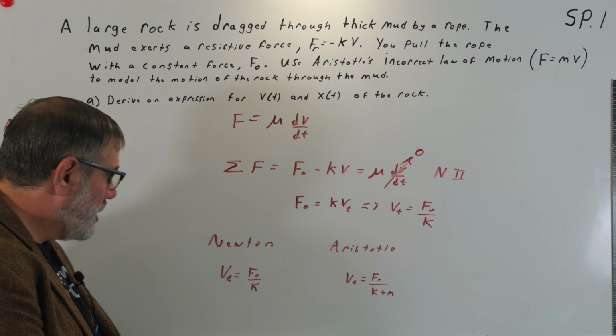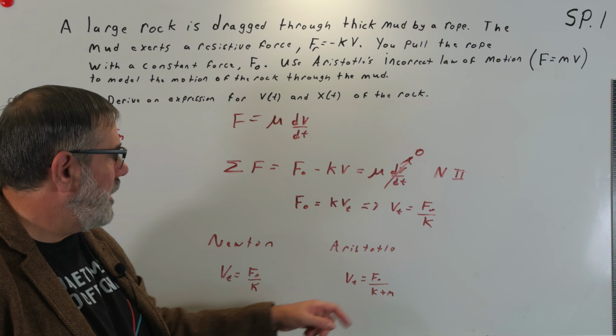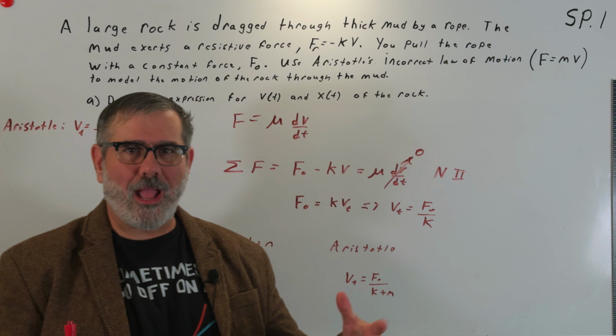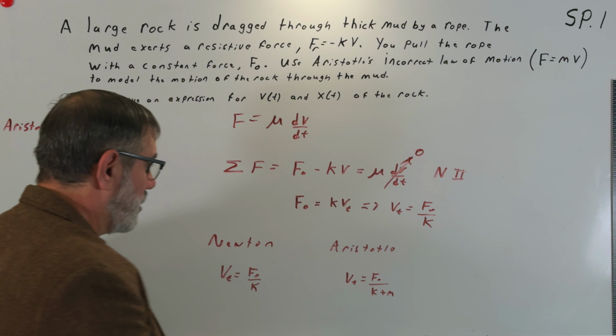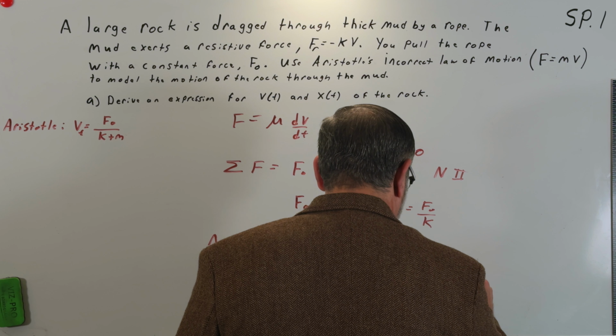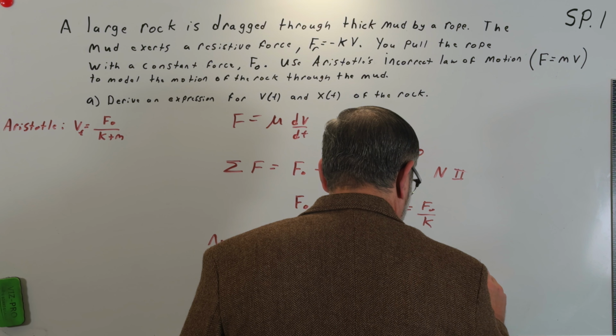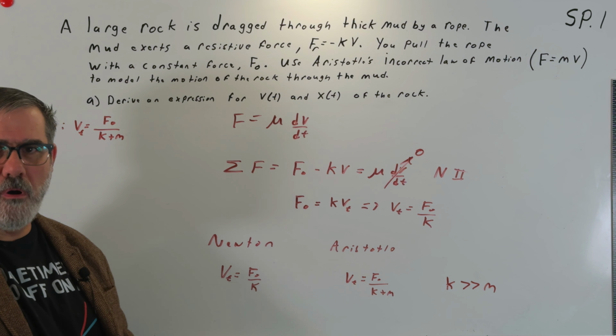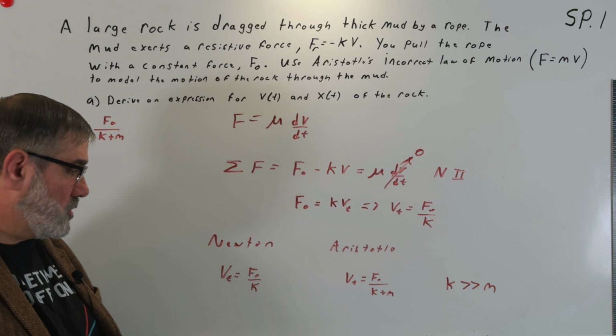So you can see that in the event that the resistive constant k, that's the resistive force that we get from the mud that we're dragging the rock through, is sufficiently larger than m, then Aristotle's equations of motion are a good approximation to the true equations of motion.